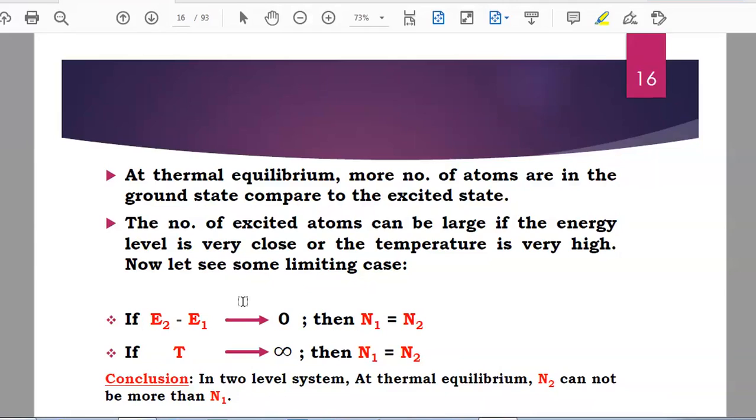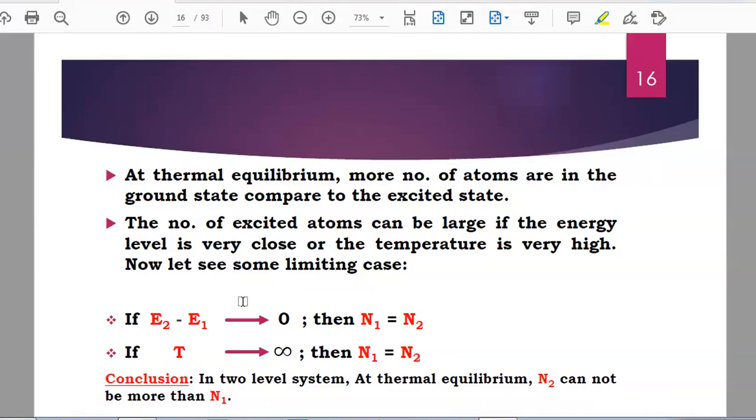Let's look at it in this manner. There are already particles in the ground state. But to generate laser light, what is the requirement? What we require is that the number of particles in the upper level has to be more and more compared to the lower level. So let me put it again in two cases.